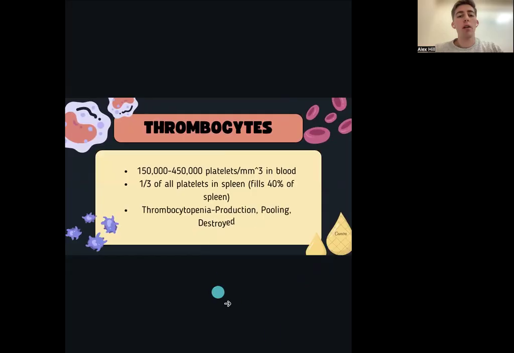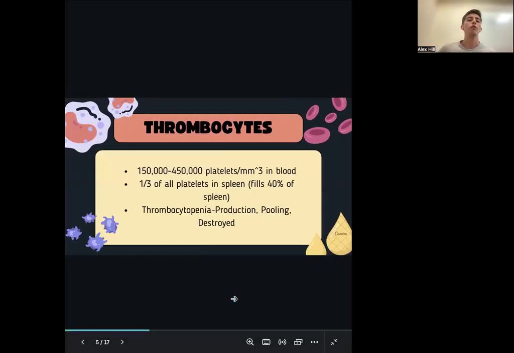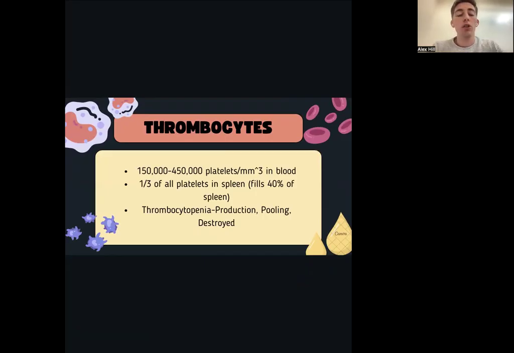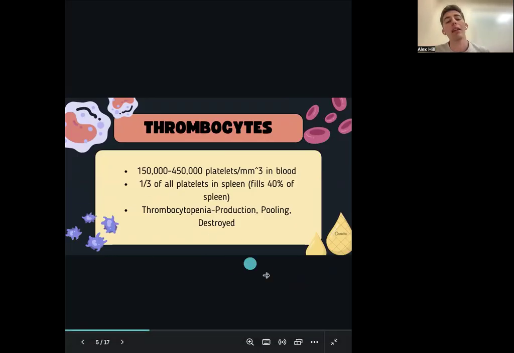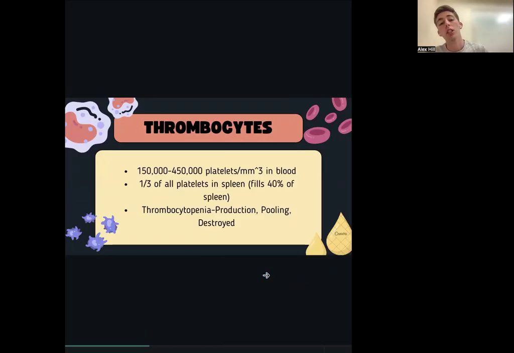Okay, so talking about thrombocytes, the normal range is 150,000 to 450,000 platelets per millimeter cubed. And then 1/3 of all your platelets are in your spleen, and that fills up 40% of the spleen. So they're kind of stored there. And thrombocytopenia can be because of impaired production, pooling in the spleen, or destruction.